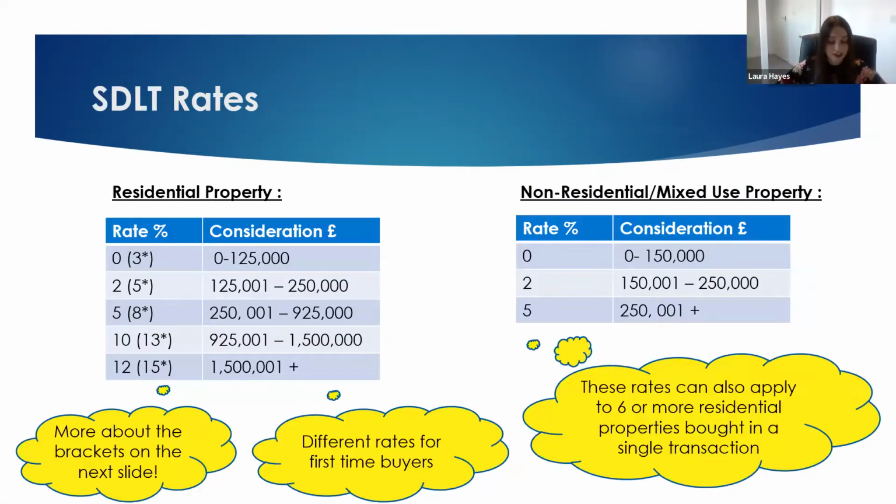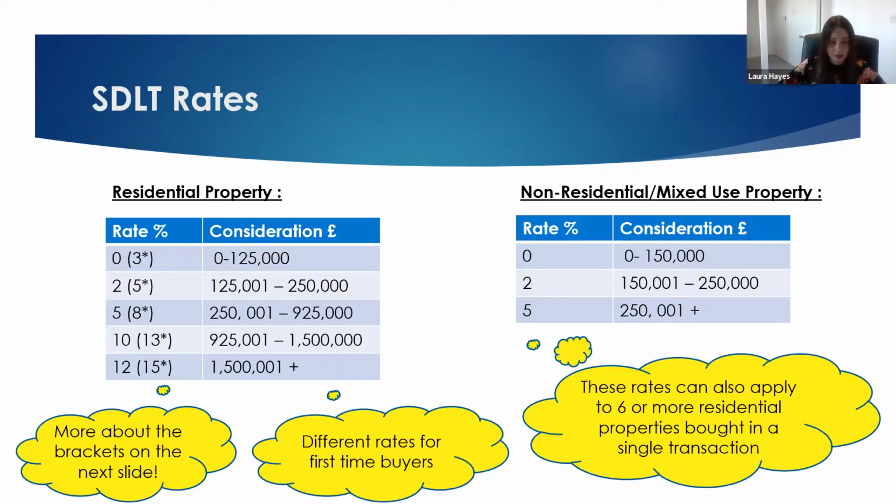So this slide gives an overview of the SDLT rates for residential property and then also for non-residential property and mixed-use property, based on the consideration given. There are a few points to note in relation to these rates. In relation to residential property, firstly, there are different rates for first-time buyers purchasing an only or main residence.